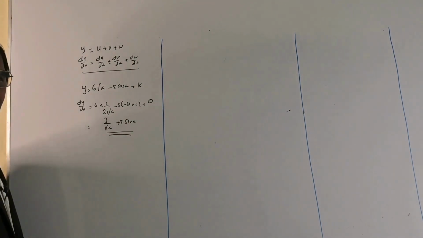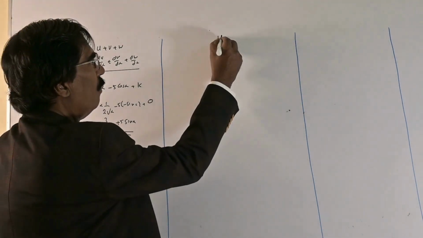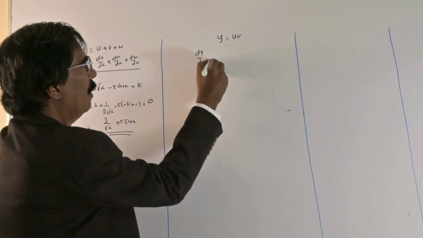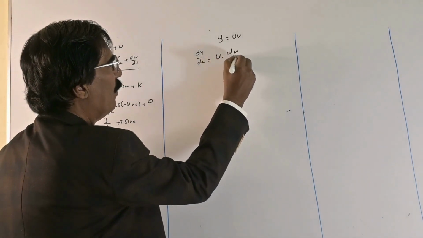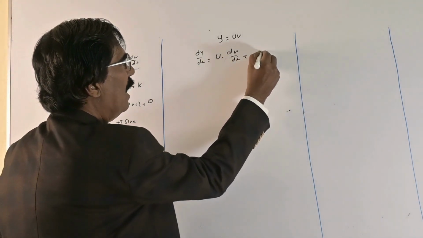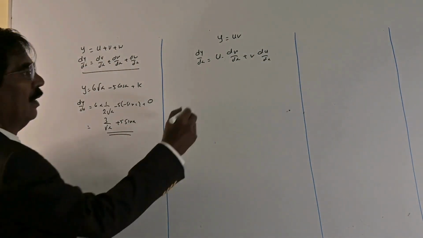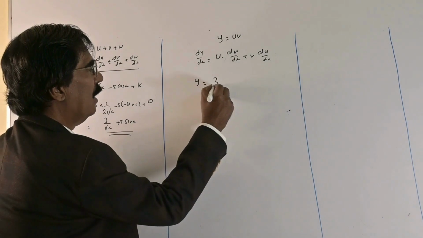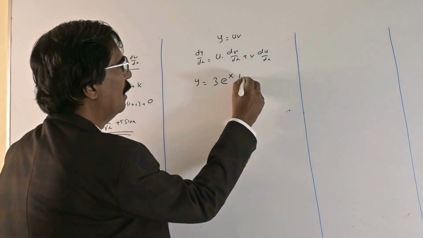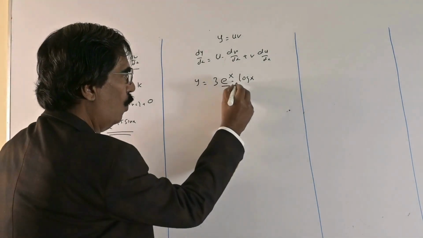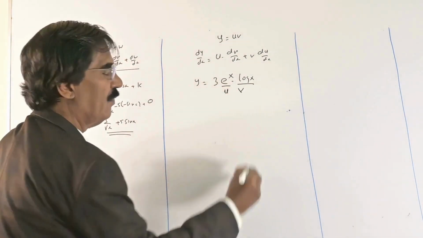This is right. If we go to the second format, dy by dx: u as it is, differentiate v, plus v as it is, differentiate u. Is it not? Now look, I take y is equal to 3 e power x log x. Here it is a product, so you take this as u, this as v.